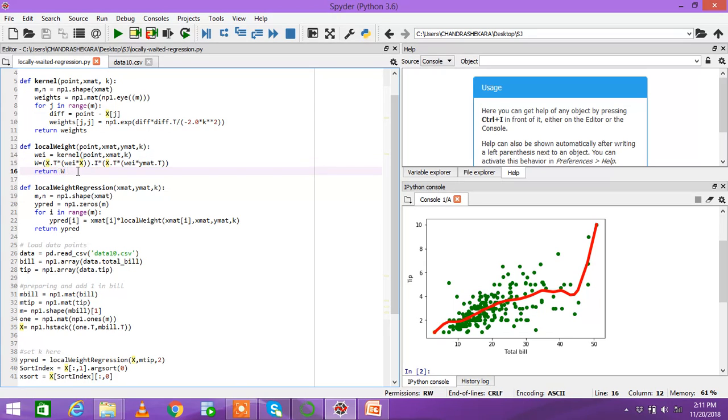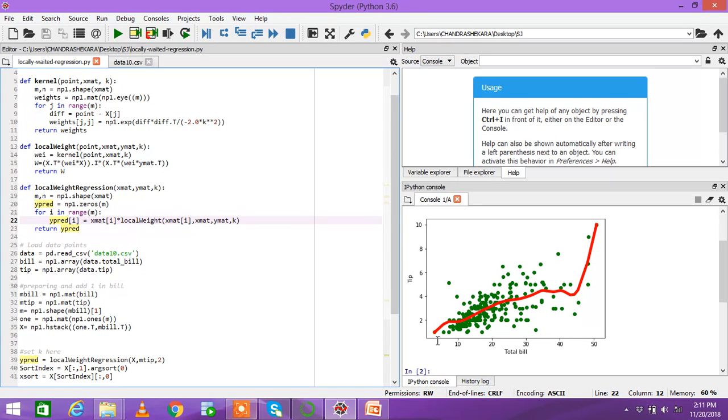This in turn will return the weight each time you call the local weight, and then the weight is assigned for every data point, and finally you predict the y, or y predict. So the reason you consider the whole data set every time is that it is assigned with the weight to predict.